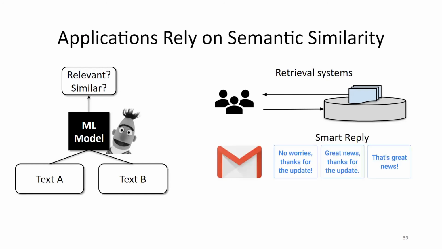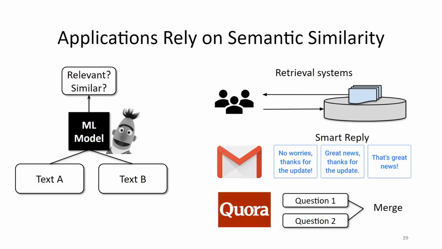Similarly, these models can also be used for applications like Smart Reply, where the input is a user email or text message, and we can use the model again to compute the similarity scores between this input and all the candidate responses, and then display to users the most relevant responses.